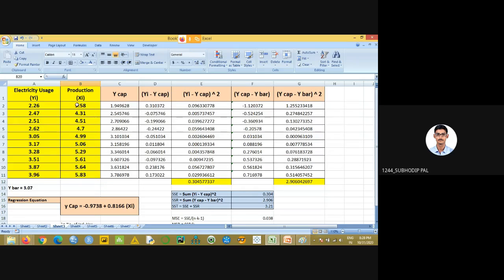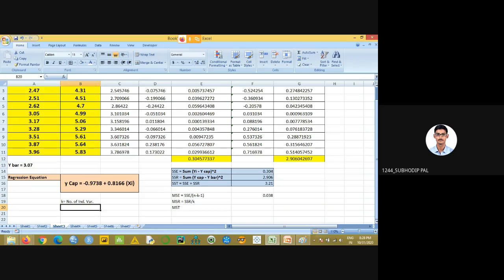This one, production. Only one independent variable. For a simple linear regression, the K value will always be 1. That is why I am putting K as 1. So MSR is SSR divided by K. SSR is this value, 2.906, divided by K, which is 1.